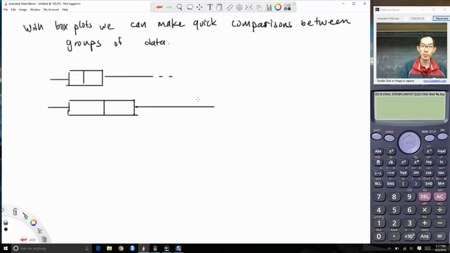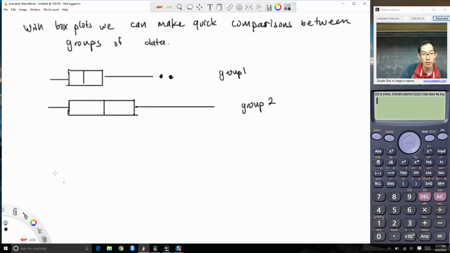If this is group 1 and this is group 2, what can we say about comparing the lower ends of group 1 and group 2?